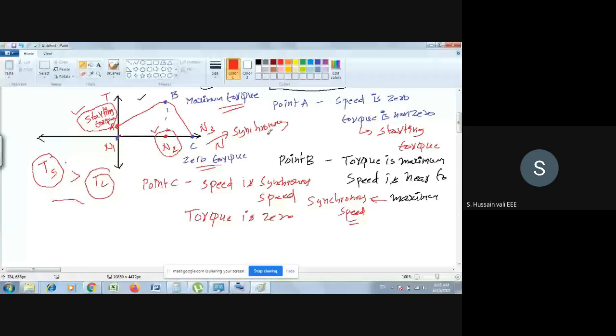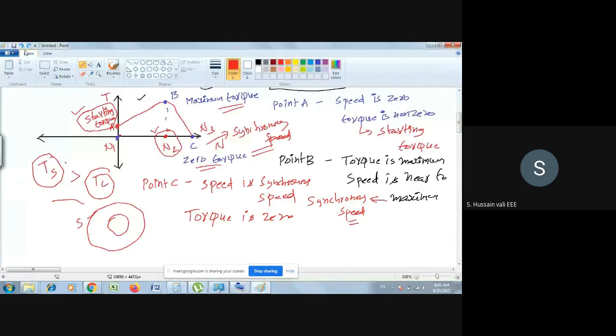See here, I just told you that this is a stator and this is a rotor. The stator will produce a magnetic field that we call the rotating magnetic field. It means they have magnets, some magnets put here.